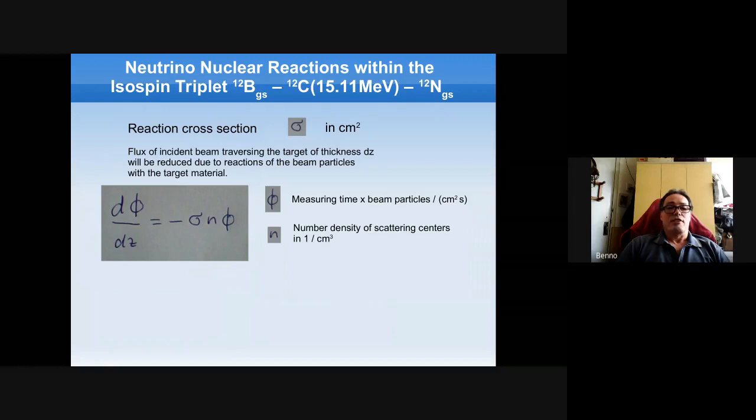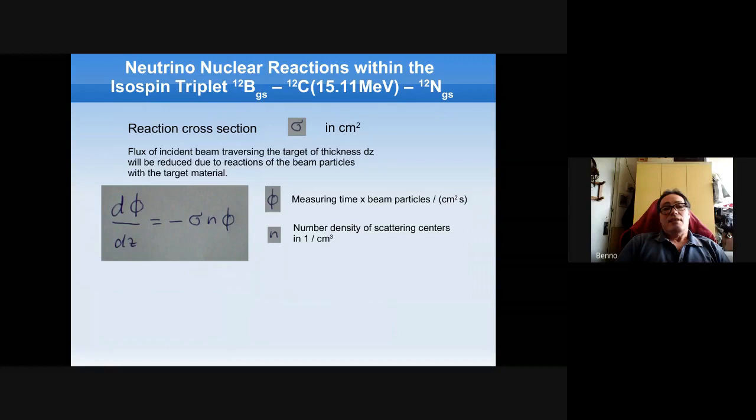We can put the phi under the d phi and put the dz on the other side. So this d phi divided by phi is something like the number of incident particles which did the reaction divided by the total incoming particles of the experiment.